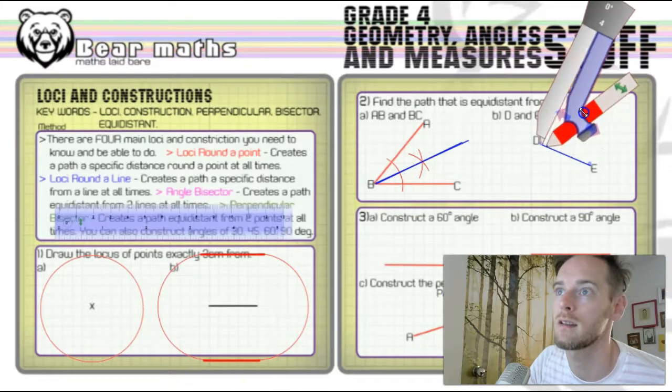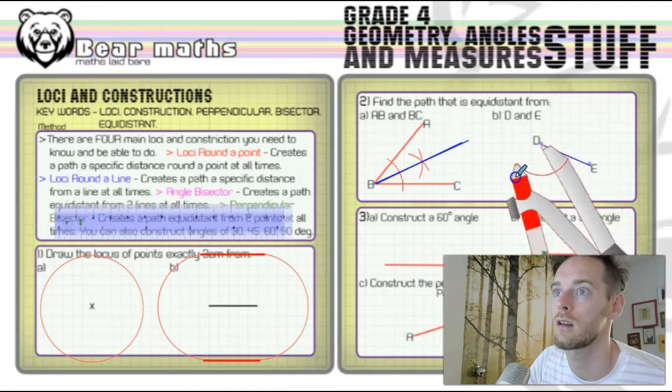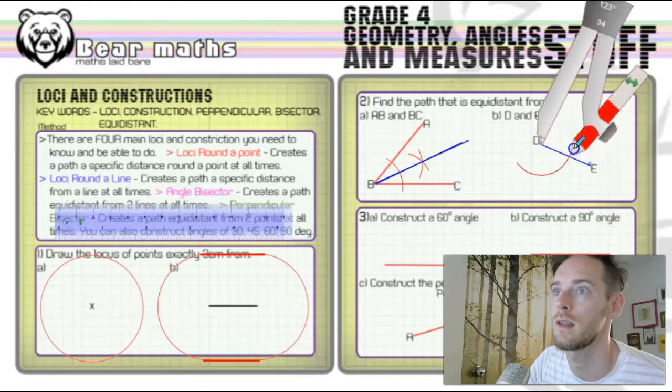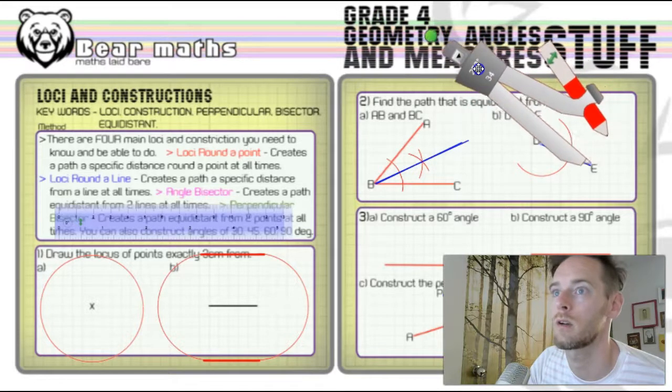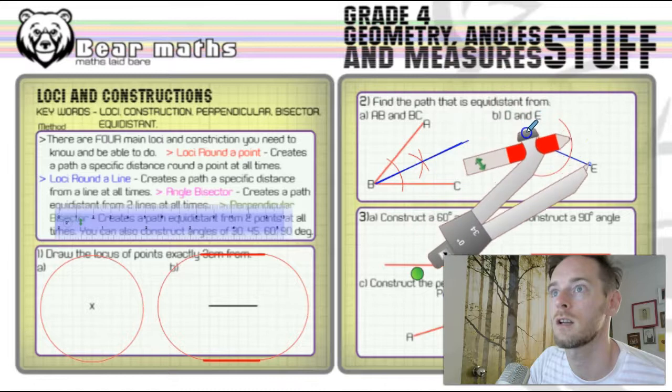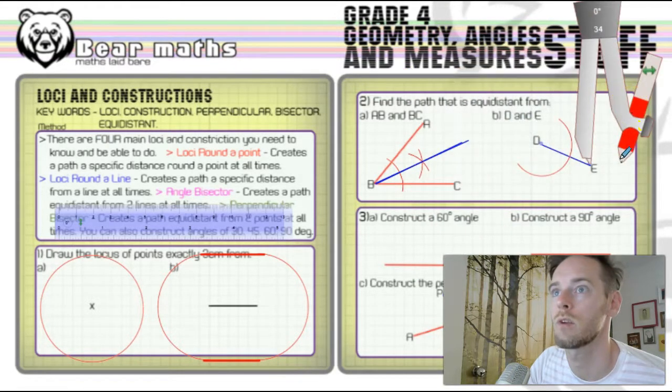Now that is about halfway. Let's set it to there. Now what I'm going to do is draw an arc that goes through like that, and then draw it on the other side as well. And then I'm going to pop that compass point there, and do the same on this side.